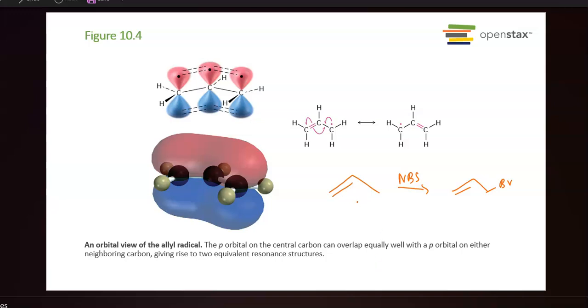So you can explain that the reason why this is happening is because the radical that is formed, which is my allylic radical, this one, can be stabilized by resonance. See here again, you can show the stability of the radical by the two structures. The double bond goes over here and the radical is formed. Okay, so this is the whole reason why the allylic position is more preferred to be substituted.